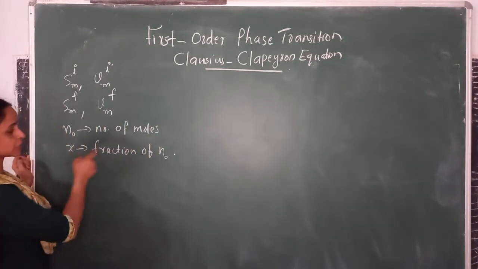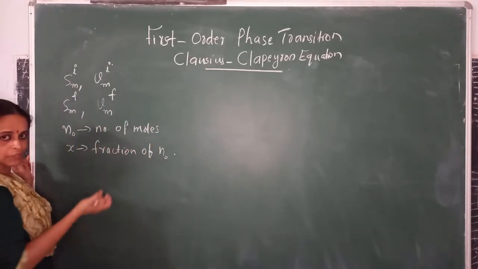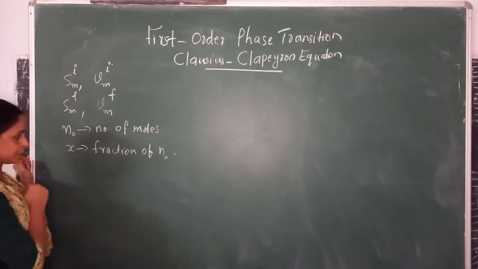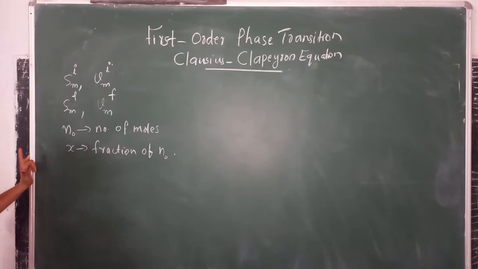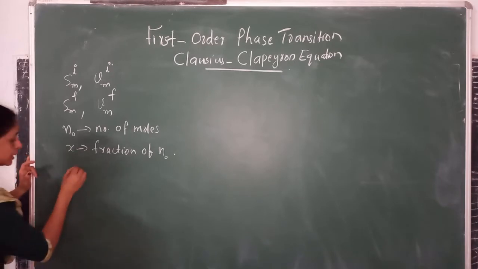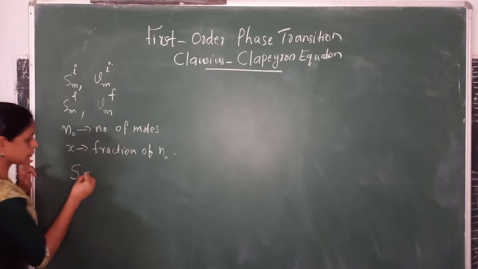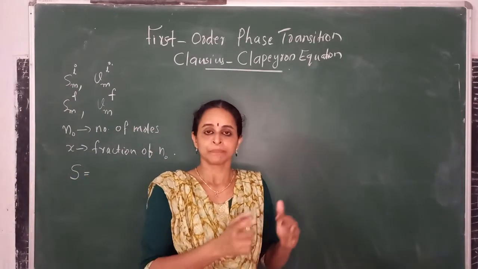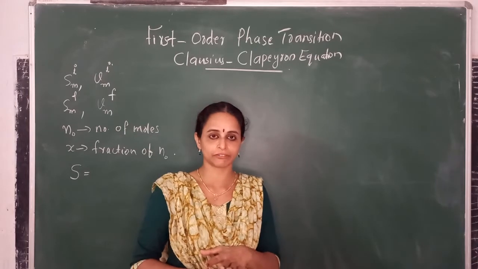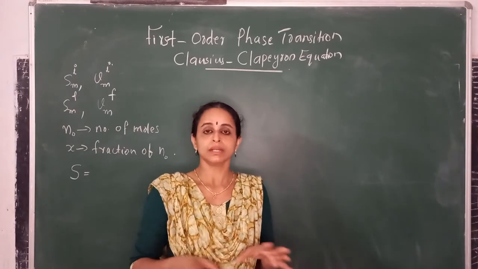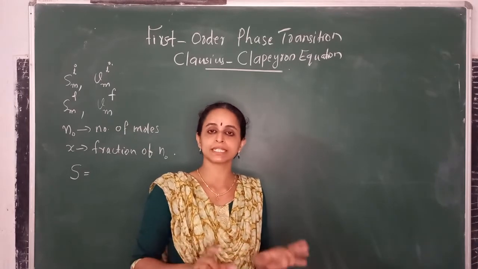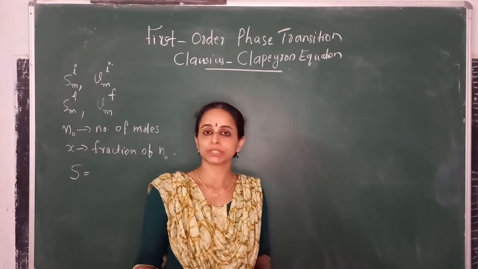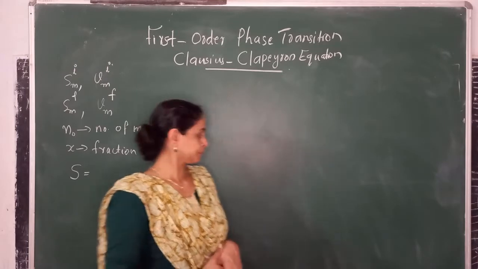So x is the fraction of n0 that is transformed into the final phase at a particular moment. So we can write the total entropy of the system. The system now contains both phases, the initial phase and the final phase, because not all the moles in the initial phase are transformed yet; it gradually transforms into the second phase.